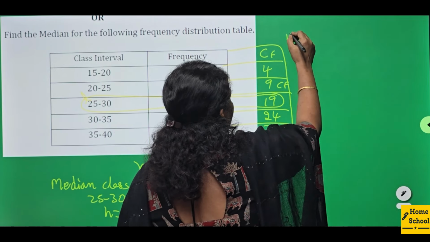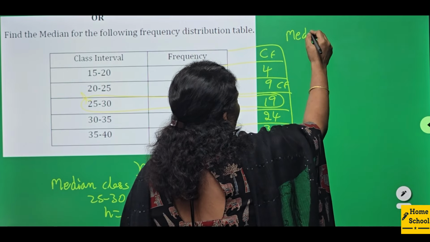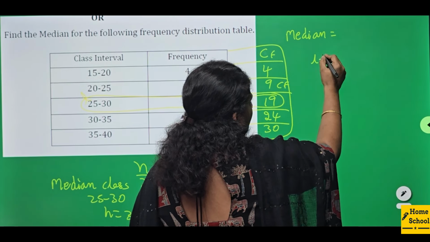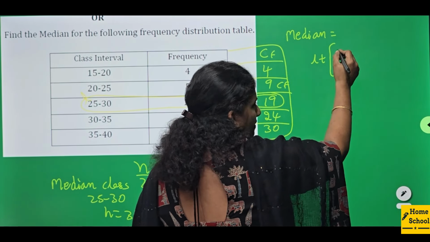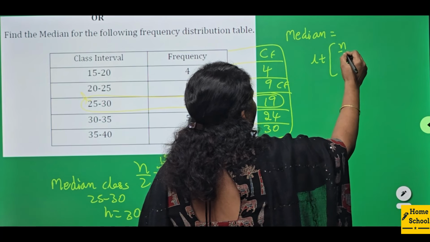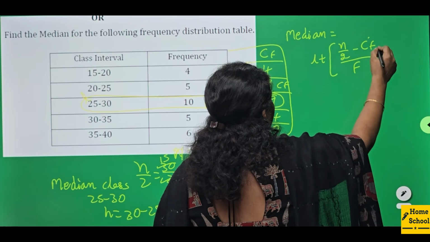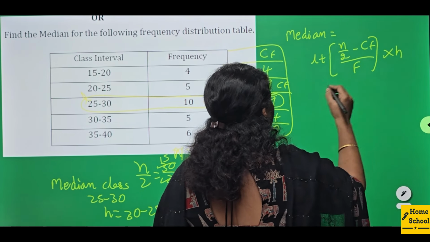Median formula. We know median is equal to L plus (n by 2 minus CF) by f into h.